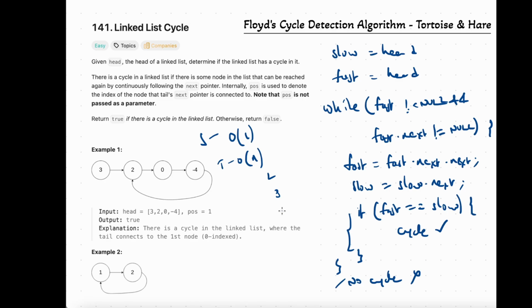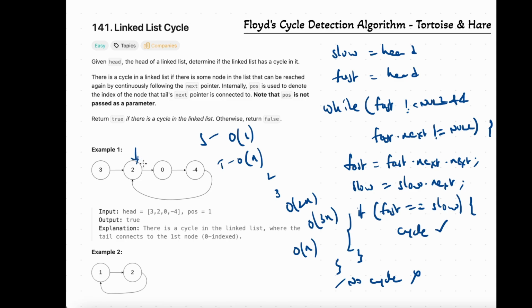But we can say that in some finite iterations, they both will meet. So even if it's O of 2n or O of 3n, the time complexity is O of n. The details of how many times we need for fast and slow to meet and where they'll meet, we'll see in another video where we have to find the starting point of the cycle. That's another version of this question.